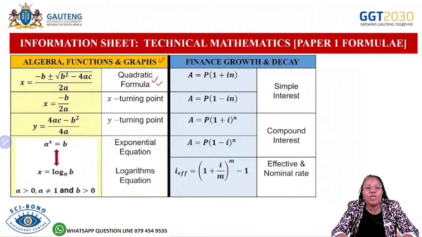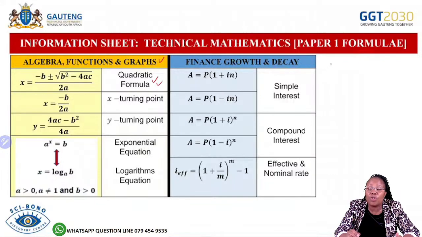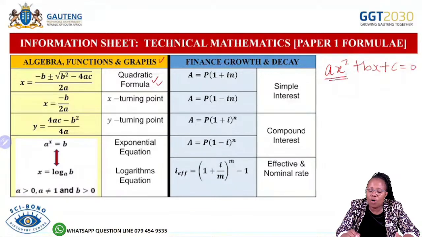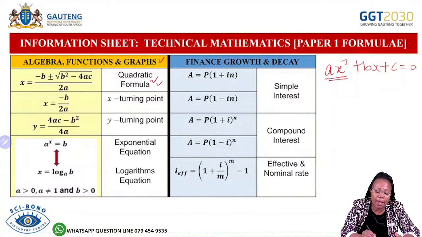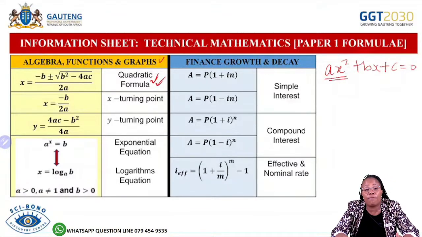You can only use it if your equation is a quadratic, that is, an equation of the form ax squared plus bx plus c equals 0. That is the only equation in which you can apply the quadratic formula. You can't use it to factorize a cube, x to the power 3, grade 12.